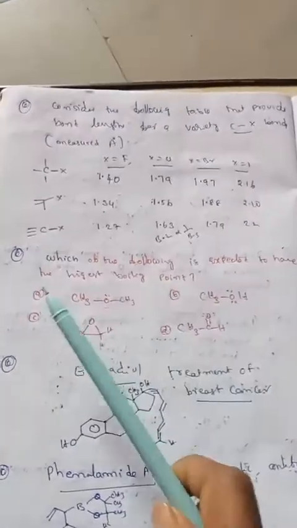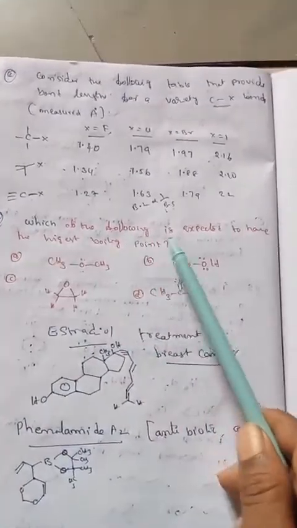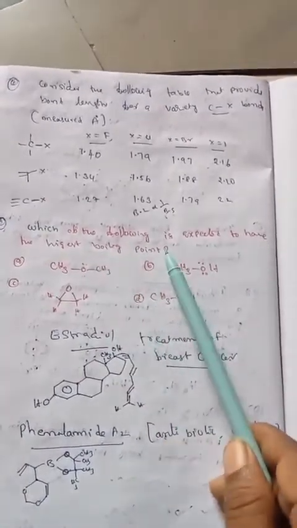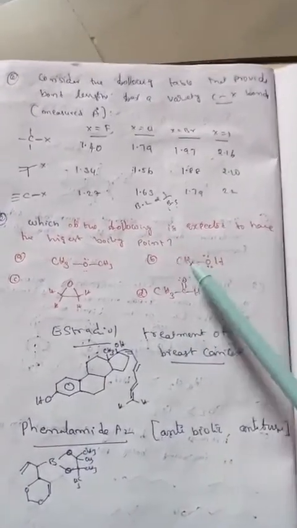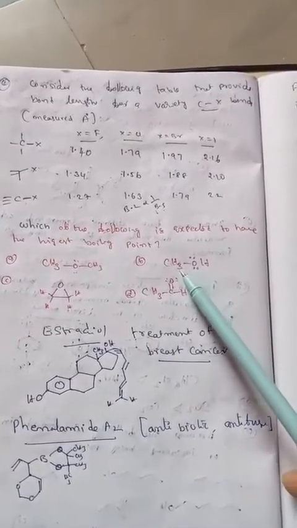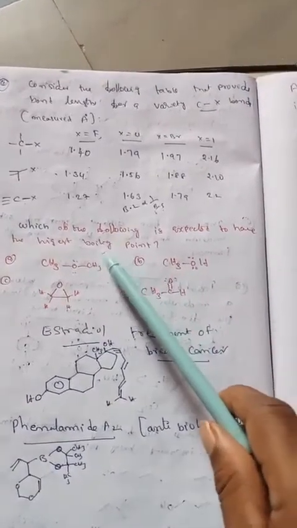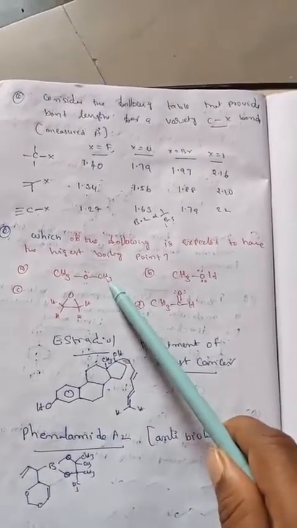Next question, a very important topic: which of the following is expected to have the highest boiling point? We already know that molecules showing intermolecular hydrogen bonding have a high boiling point. For example, dimethyl ether has no hydrogen bond.